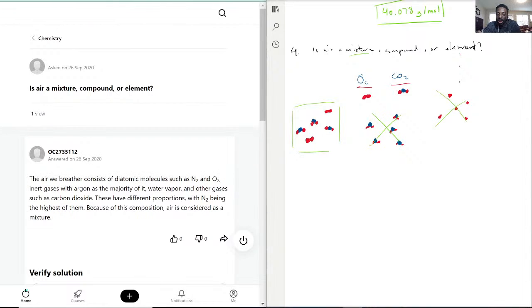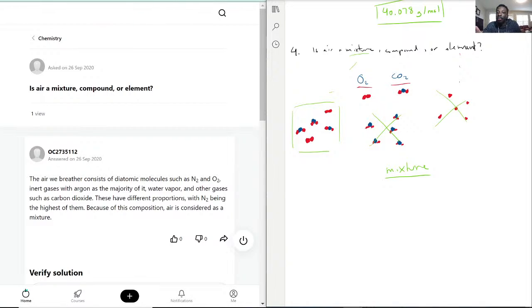That's what would constitute a mixture. So with that being said, air in this case is a mixture, based solely on just remembering that there's oxygen and carbon dioxide in the air. Like I said, there's many more things, so it's even a more complicated mixture. But just by knowing that it at least has more than one different compound in there, it's automatically a mixture.